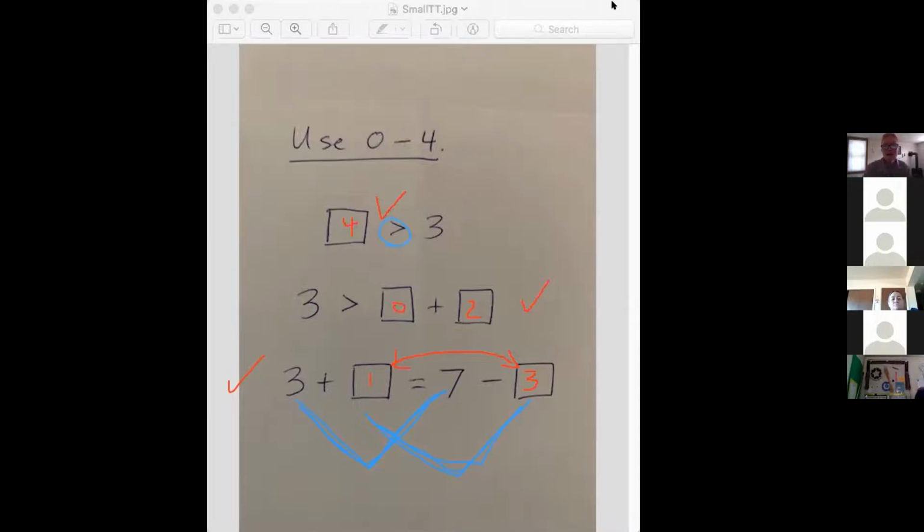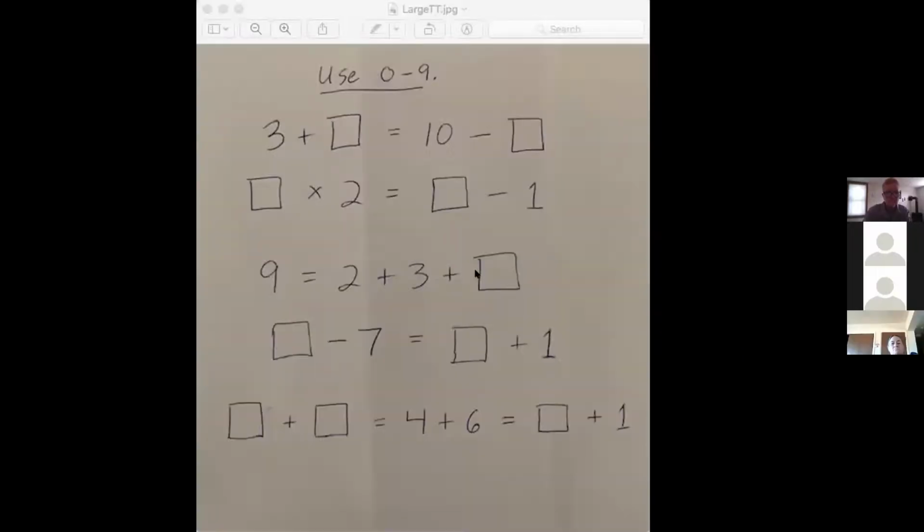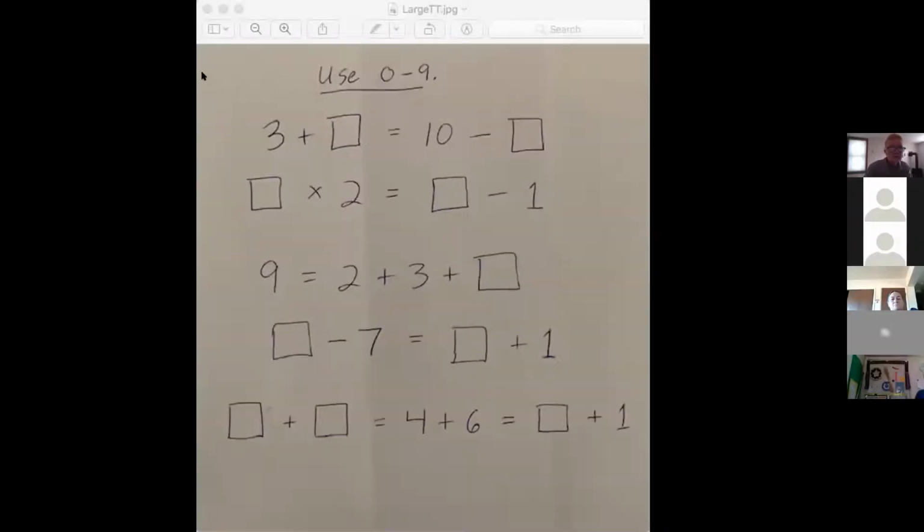I have one other comment to make about the last tile trials puzzle. So let me bring that up again. Oops, wrong one. There we go. Okay. I want to focus on a couple of these.